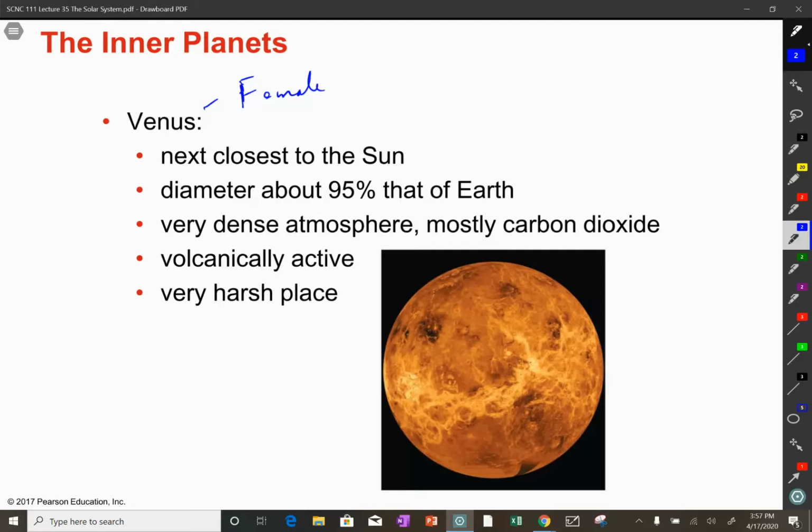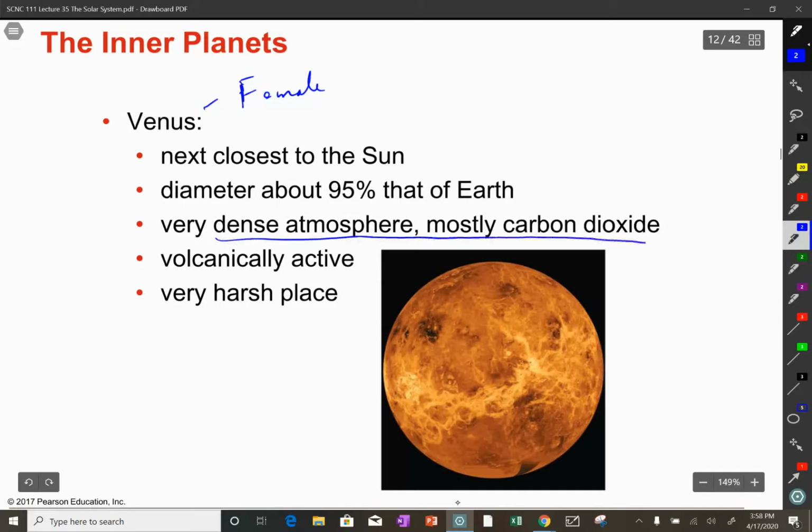Things on Venus are named after females, people, or goddesses or whatnot. Notwithstanding that they're female, it is a very inhospitable place. Inhospitable because it has a very, very thick, dense atmosphere that's mostly carbon dioxide.